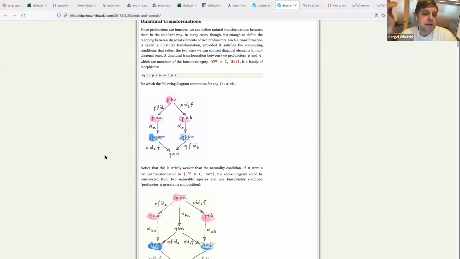So anyway, what I'm saying is that, yes, there is this dinaturality transformation, and it is a consequence of parametricity, just as naturality is a consequence of parametricity. But this does not replace the use of parametricity, whereas for natural transformations, it does. You don't need parametricity directly for those.